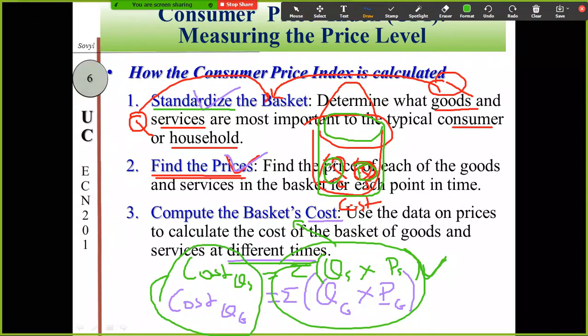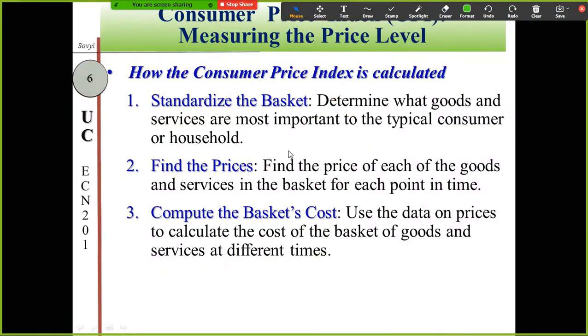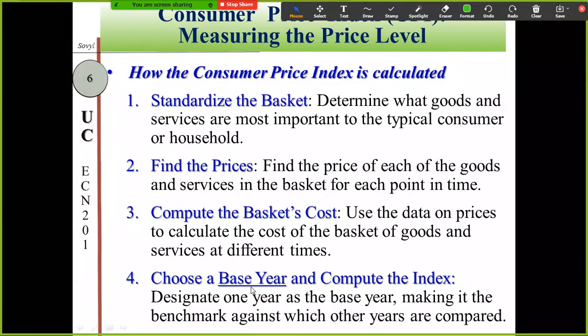Why do you pay different cost while you buy the same goods and the same services every day? This is because of price change. That's why step 4, choose a base year and compute CPI.